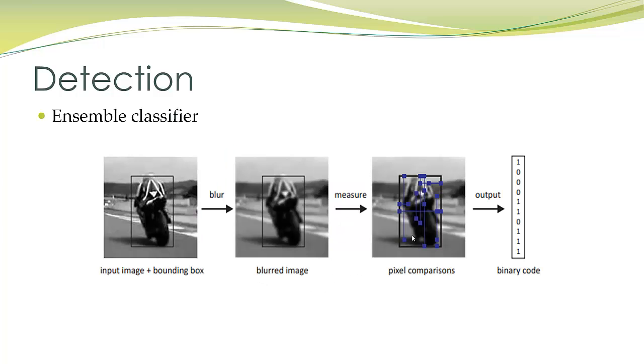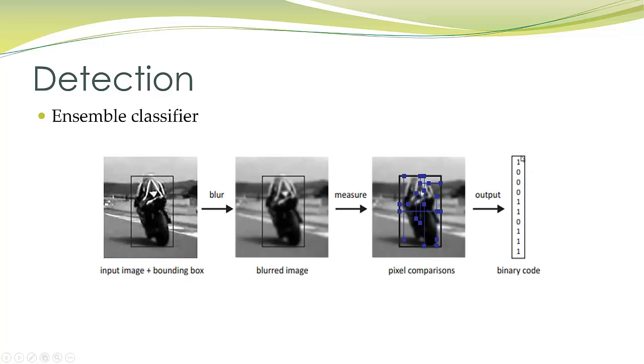You randomly choose points, in this case 13 points, within the object boundary in one frame. Then in another frame you have a scanning window, and you match these points in the new frame with the previous frames and find the binary code.